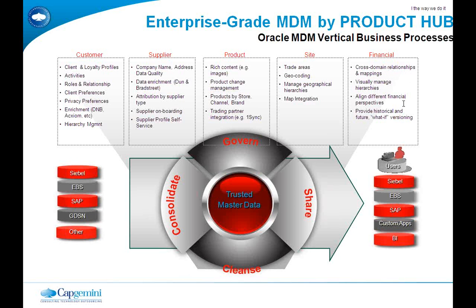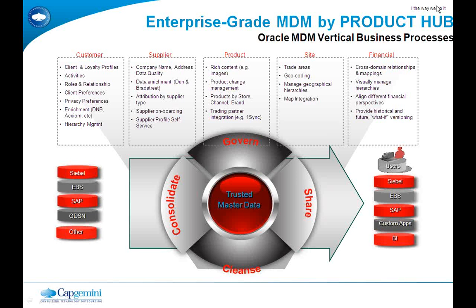There is enriched data attached to this to make it the golden record so that you can do further analysis on this list of clients, to get reports and dashboards out of that to truly get an understanding of what your clients are doing from a profitability perspective. Under supplier, right, onboarding new suppliers, enriching information with Dun & Bradstreet, for example. Not only supplier name, address, and other data quality initiatives that are going to fulfill the list of supplier information. Products, we did talk about this before, not only the product SKU, the description, but other critical information to make sure that you can leverage what inventory you might have.